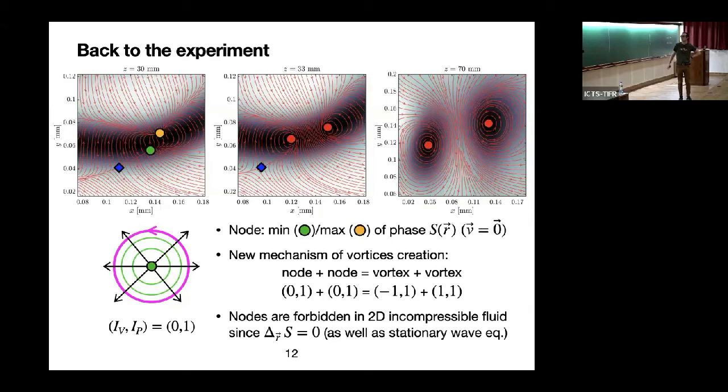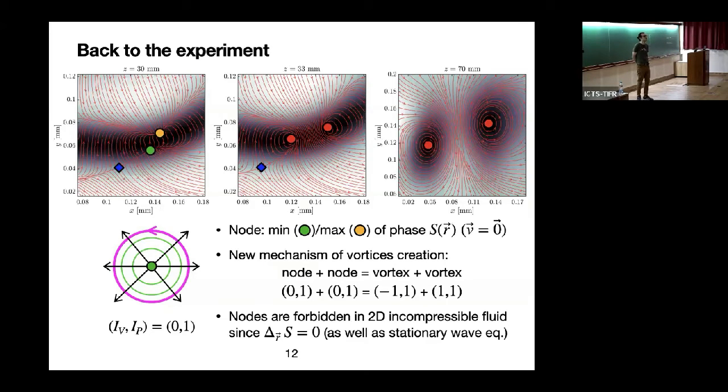You have 1 plus 1 equal 1 plus 1. And once again, here the Poincaré index is very easy to compute. You see that if you look at the orientation of the velocity field and you do a 2 pi rotation, you have just 2 pi. So we were quite surprised, especially because it was not really observed before.